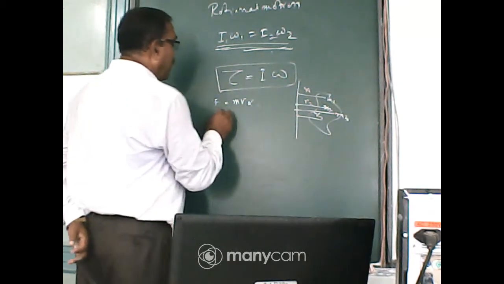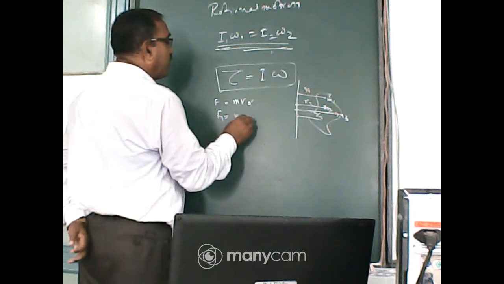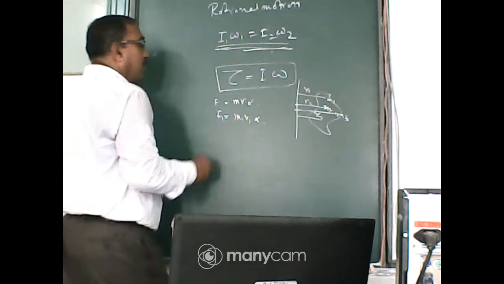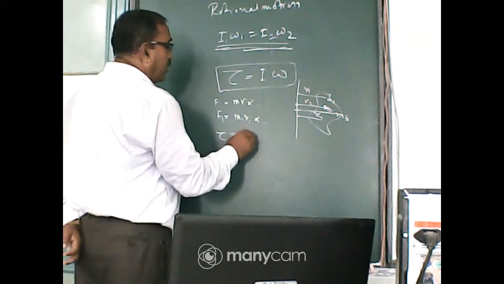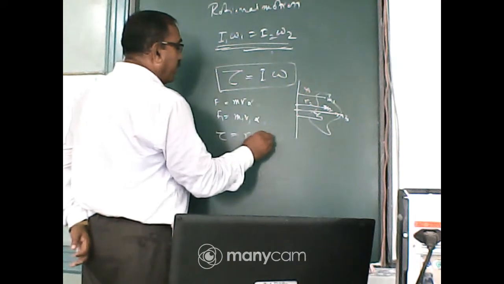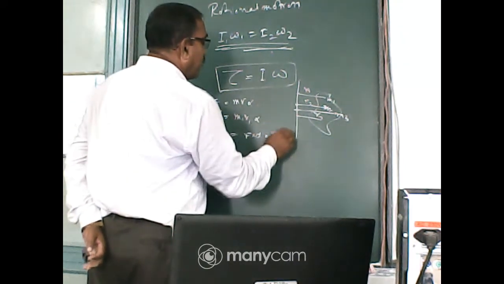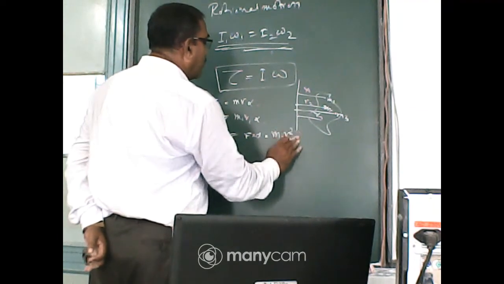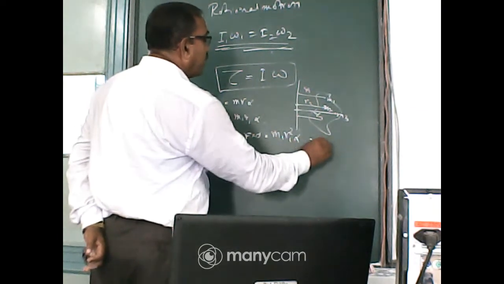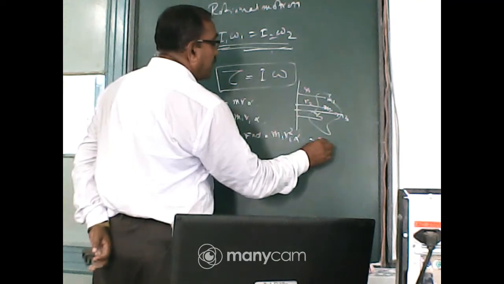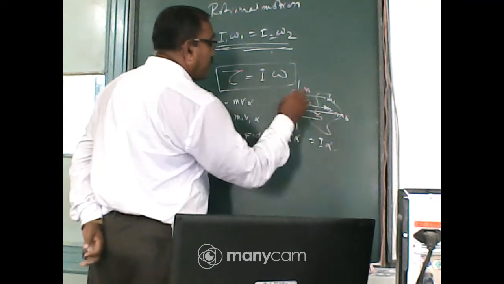For the first particle, that is m1 into r1 into alpha. The torque equals F into d, that is m1 r1 square into alpha, meaning I1 into alpha.